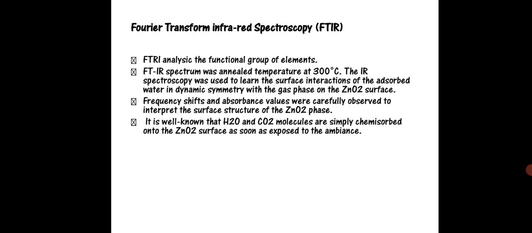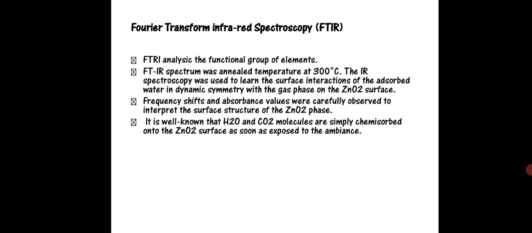The frequency shifts and the absorption values were carefully observed for the surface structure of the zinc oxide phase. It is well known that H2O and CO2 molecules are chemisorbed onto the zinc oxide surface on exposure.